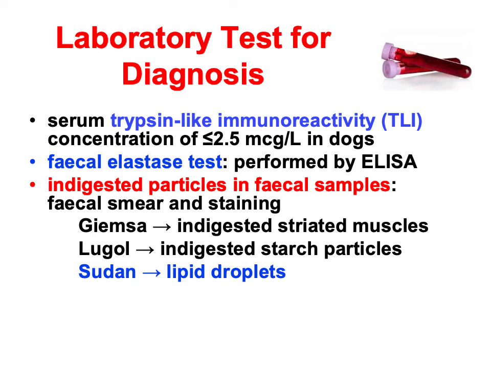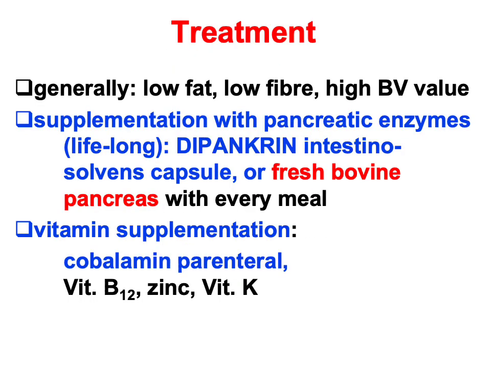Muscle can be seen by Giemsa staining. By Lugol, we can see the undigested starch, and by Sudan staining the lipid droplets. These are the laboratory diagnosis, and we have to arrive at the treatment.